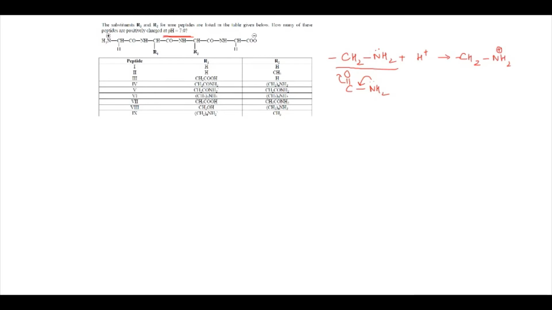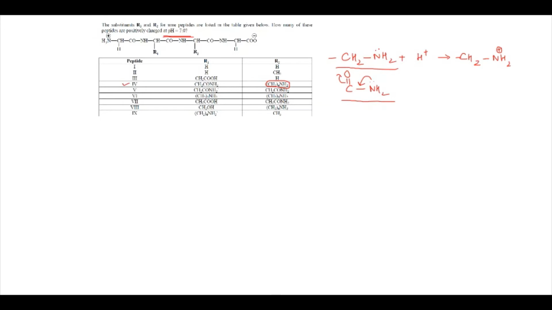We are not looking for CONH2, we are looking for CH2NH2, but yes, in option 4 R2 we have a CH2NH2 group. So this option is going to show a positive charge at pH 7.